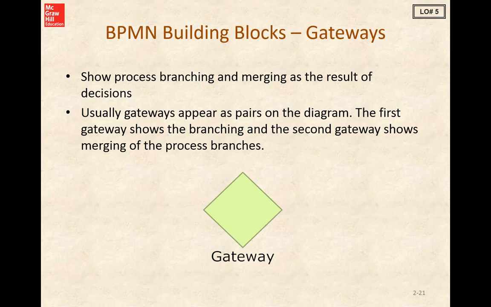And these usually come in pairs. The first gateway would show the branching, while the second gateway would show the merging of the process branches. And again, these are going to be related to decisions that impact the model.